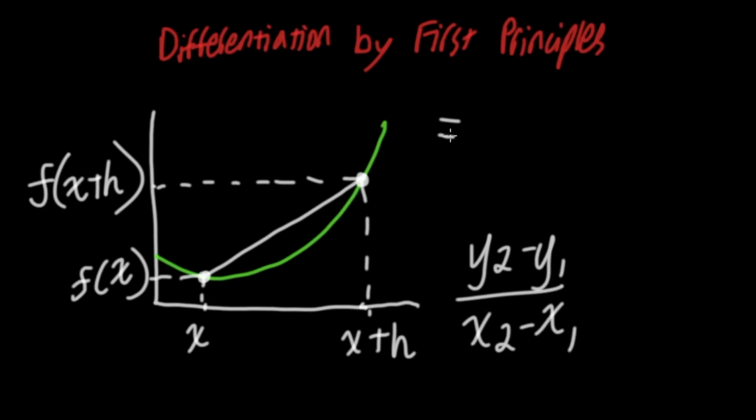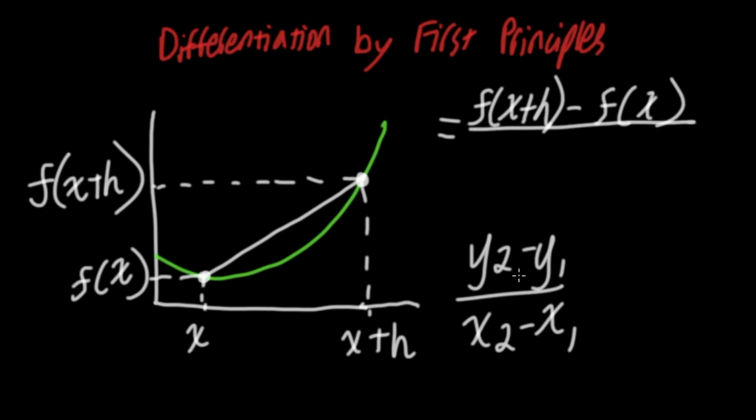So that means in our case, the equation would be our y2, so f of x plus h, minus y1, which for us is f of x, over x2, which is x plus h, minus x1, which is x. So now we have our equation to derive by first principles.